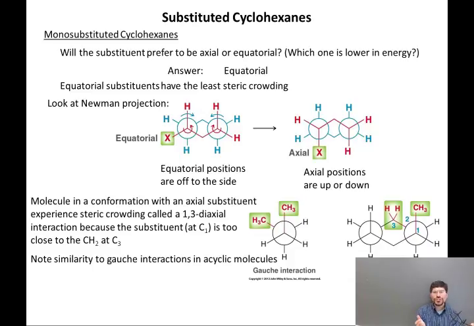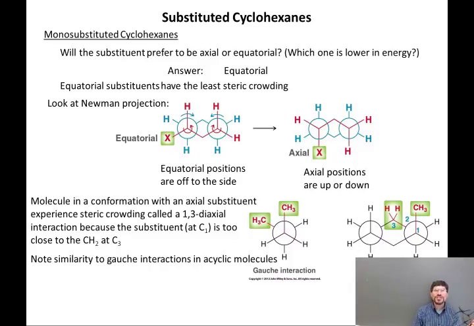Just like gauche conformations are higher in energy than anti conformations for butane, the 1,3-diaxial interaction causes some steric crowding also in the cyclohexane that is usually enough to cause the substituent to prefer to be equatorial.